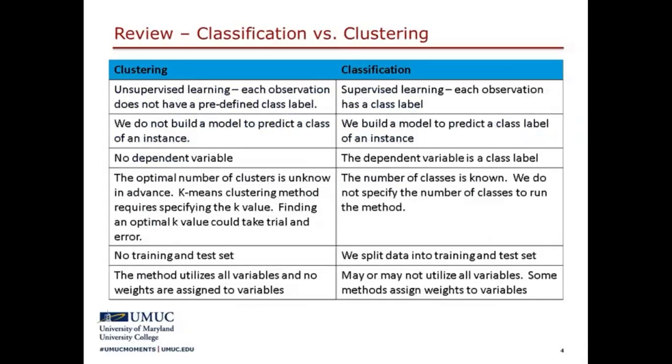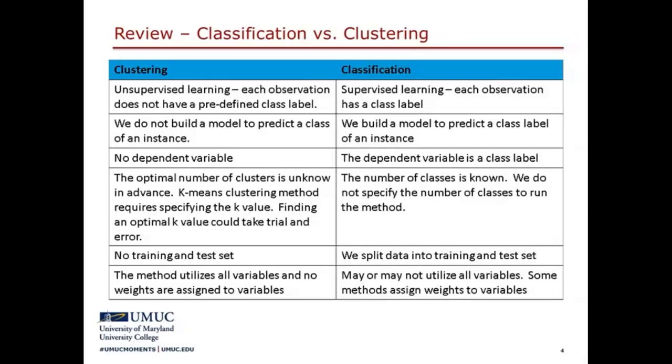Quick review, the difference between clustering and classification. Clustering is an unsupervised learning, which means that each observation, in this case each glass sample, does not have a label. We are not going to build a classification model. We are not predicting a class, so there is no dependent variable. Remember that, right? When we do classification, we know the number of classes in advance. Here we don't. We don't know the optimal number of k. Our task is to estimate what it is.